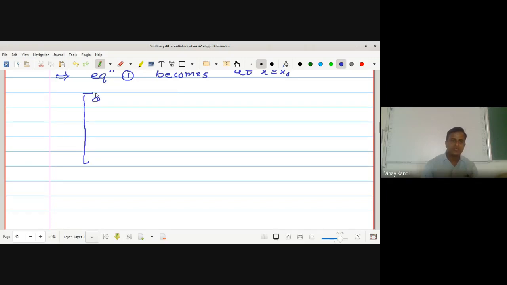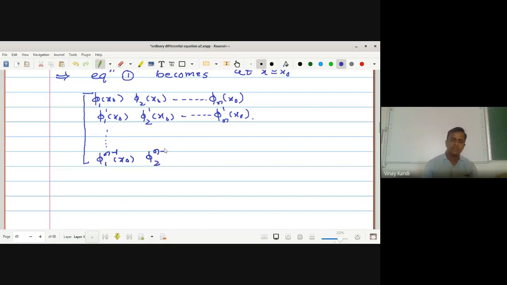Okay, phi 1 of x naught, phi 2 of x naught up to phi n of x naught, phi 1 dash of x naught, phi 2 dash of x naught up to phi n dash of x naught, up to phi 1 raised to n minus 1 at point x naught, phi 2 raised to n minus 1 at point x naught, up to phi n raised to n minus 1 at point x naught.